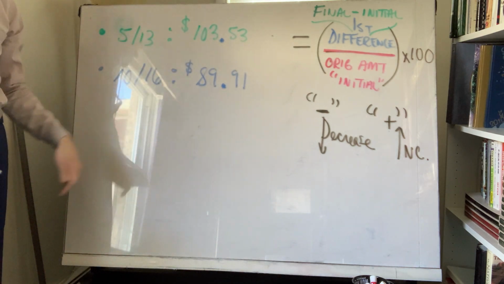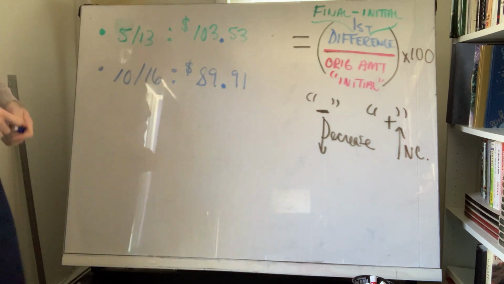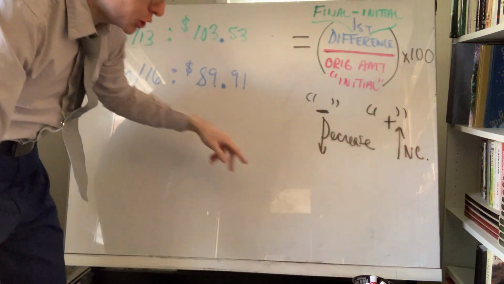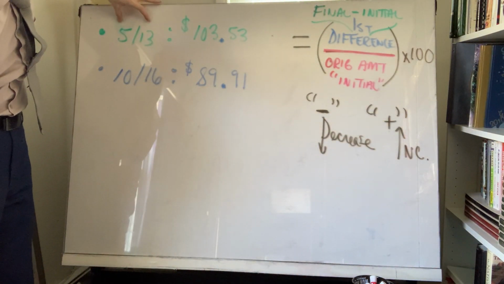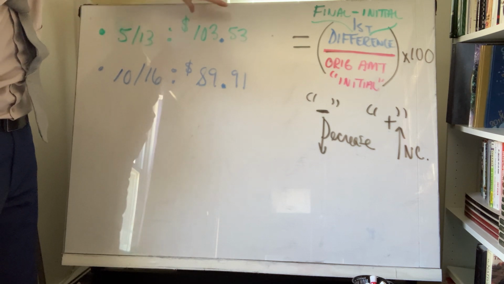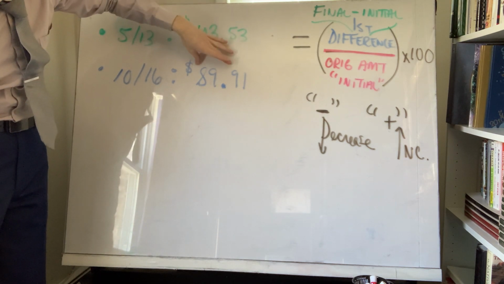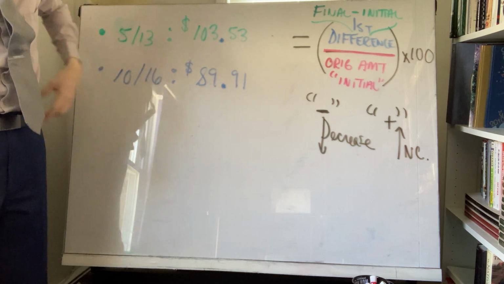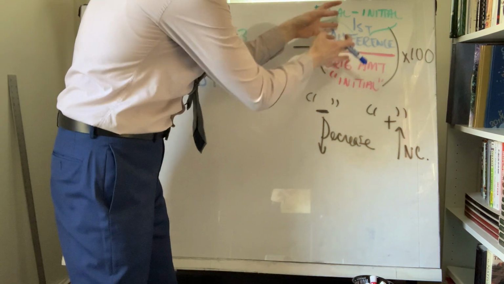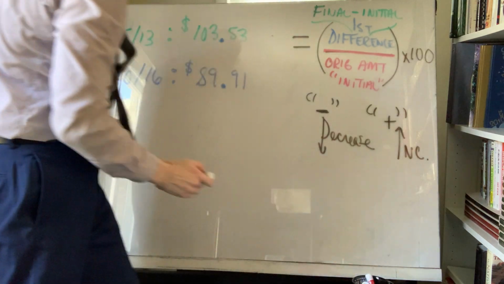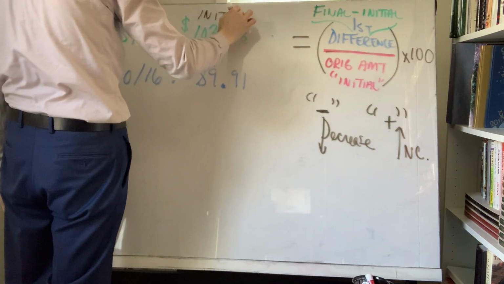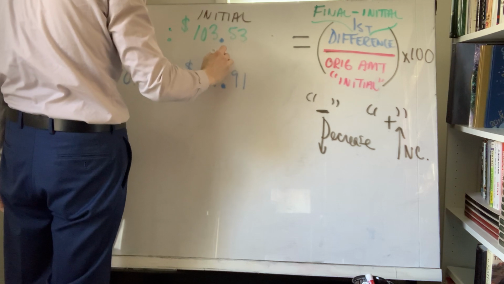Their value went down. From these two figures, you could infer without even doing a calculation that this is the price earlier in the year, and this is the price later in the year. What did it obviously do? It went down. So if you're going to put them in the formula, this is the initial price, and this is the final price.